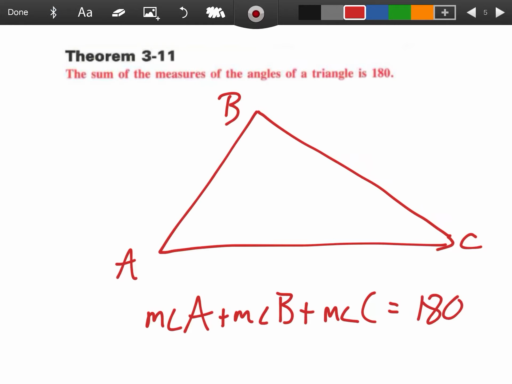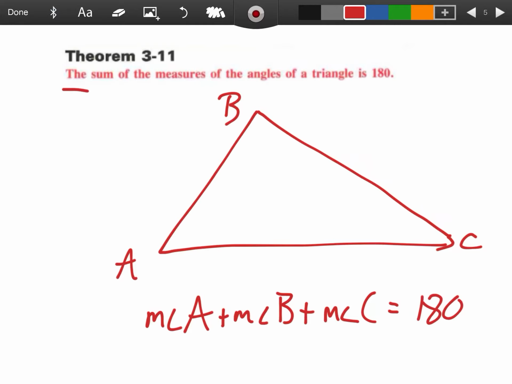They are not supplementary, only because there are three angles. When we talk about supplementary angles, we're referring to a pair of angles. In this case, we have three. Three is not a pair. I think a pair of shoes is just two. But they do add up to 180.